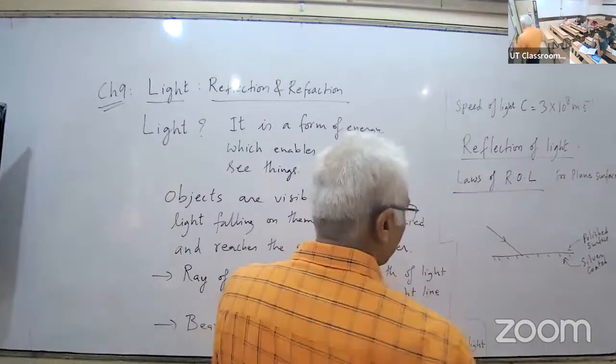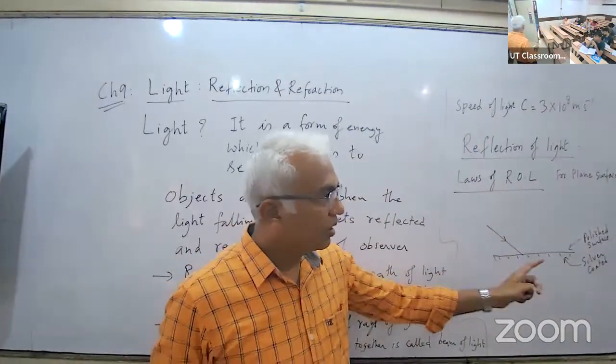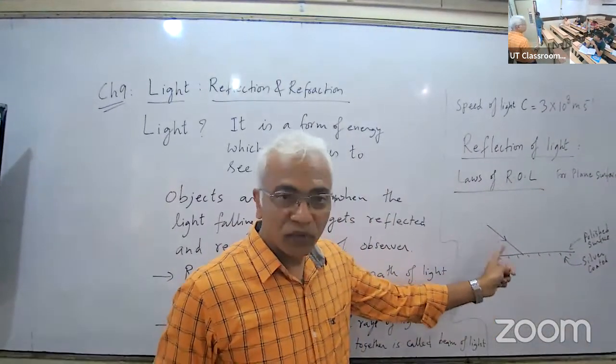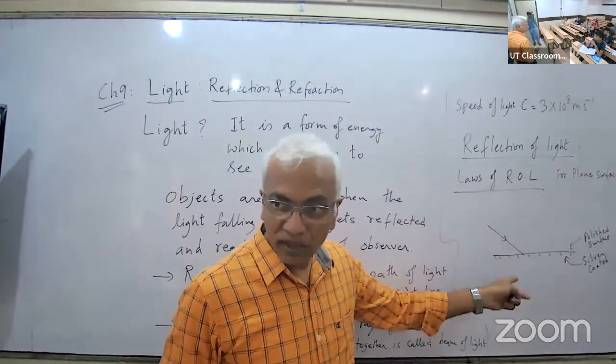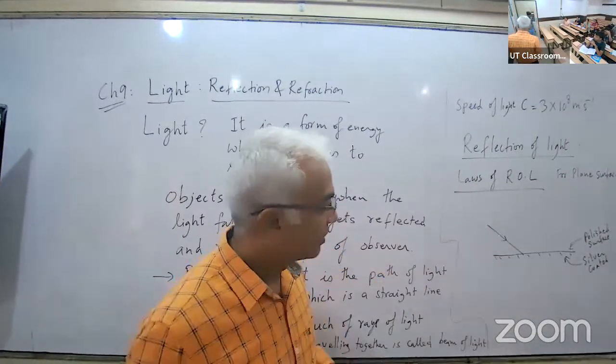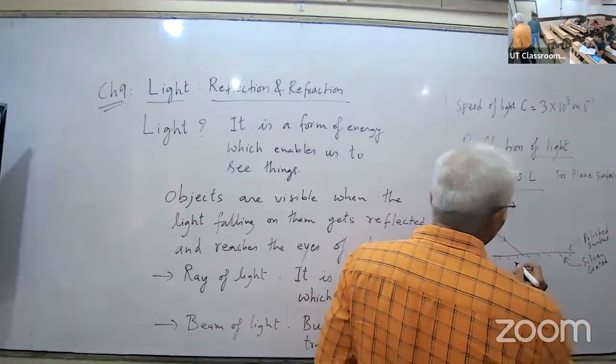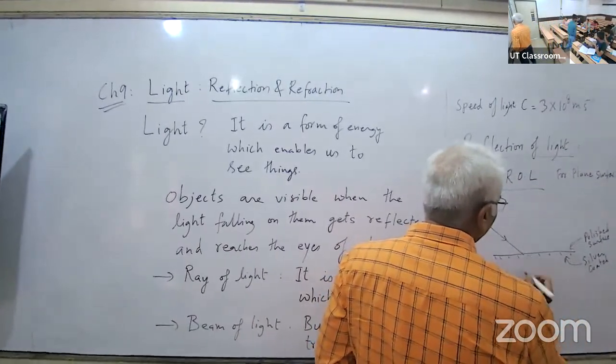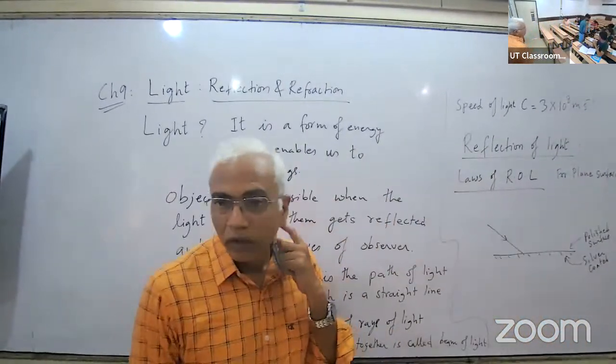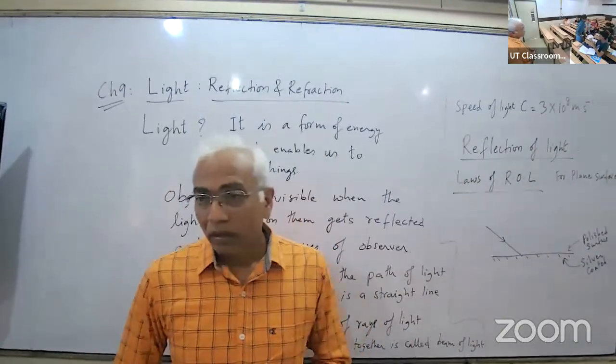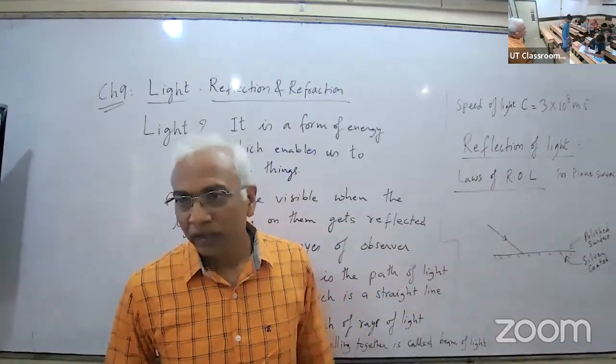On the surface, let us say the light is falling obliquely, inclined. Then how to draw the reflected ray? This is the incident ray, right?